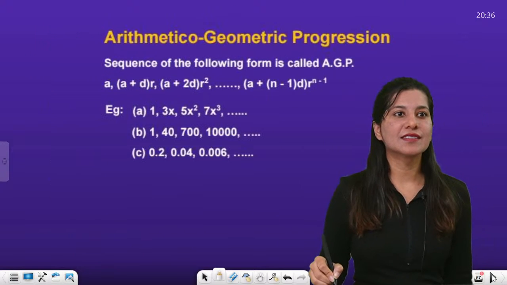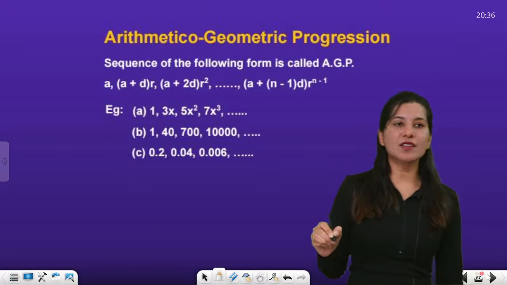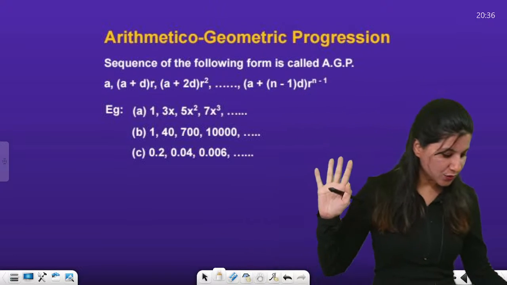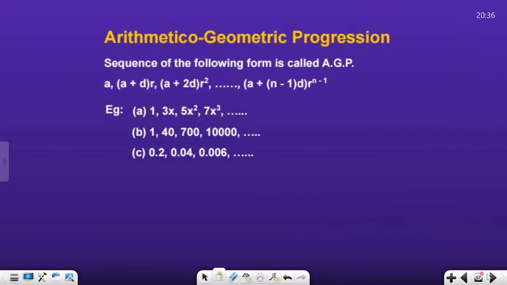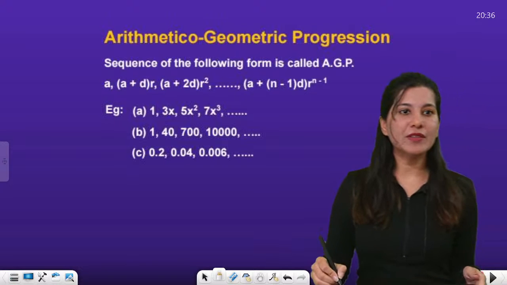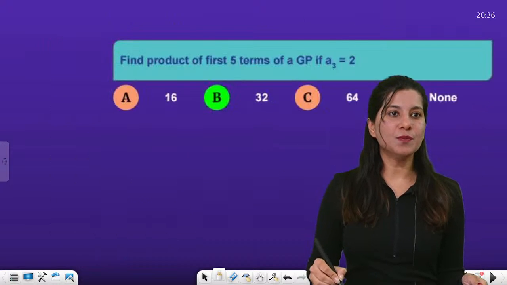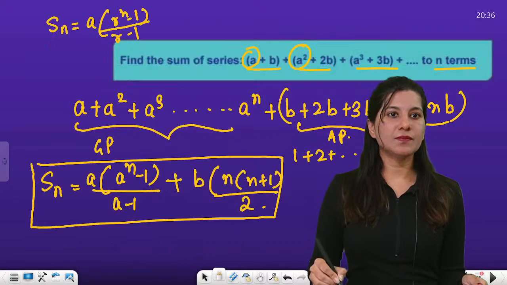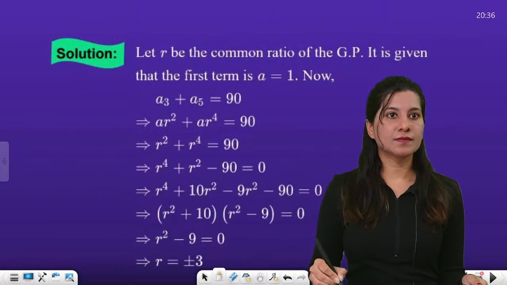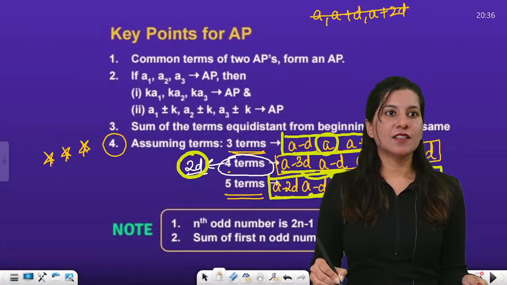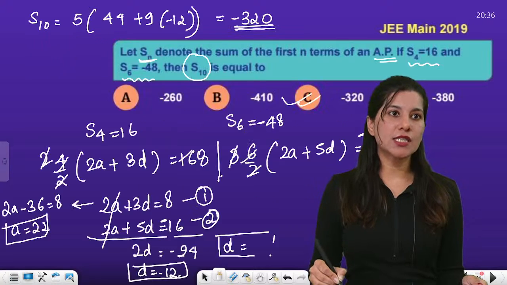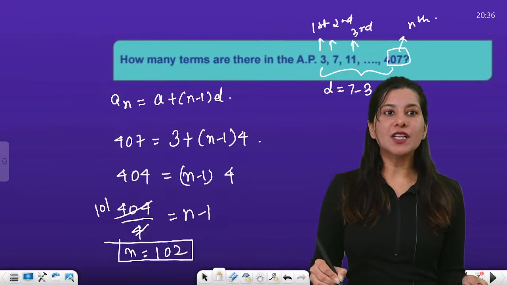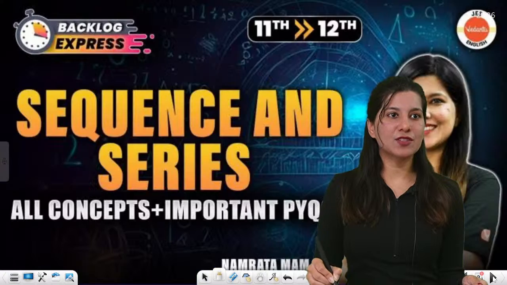ठीक है, चलो. Now we have arithmetico-geometric progression. So we are going to start this particular topic in the second part, right? So in the second part, what we will be taking is, let me just show you. So we will definitely need a second part of this chapter because we have a lot of work in this chapter, and this chapter is high weighted chapter as well.